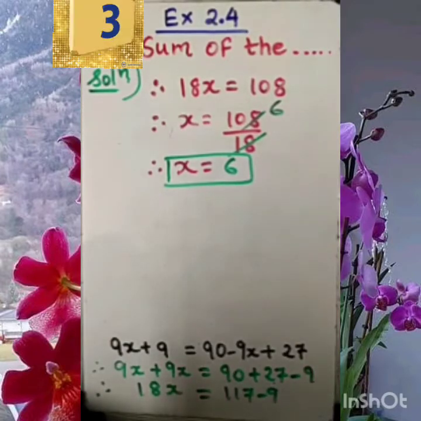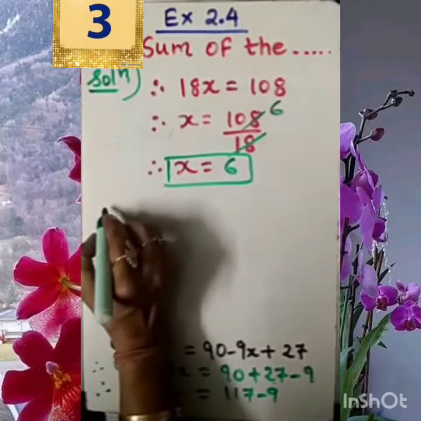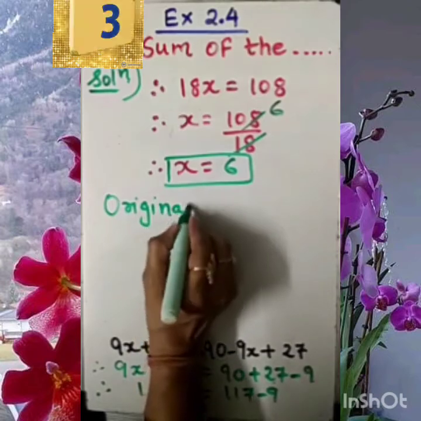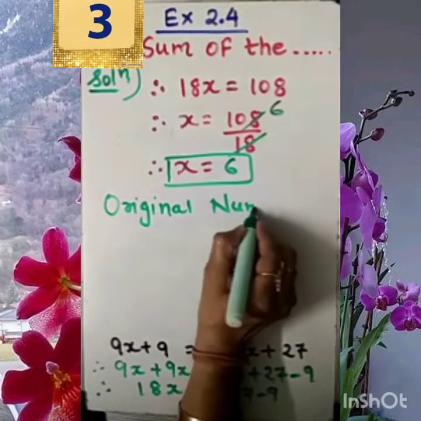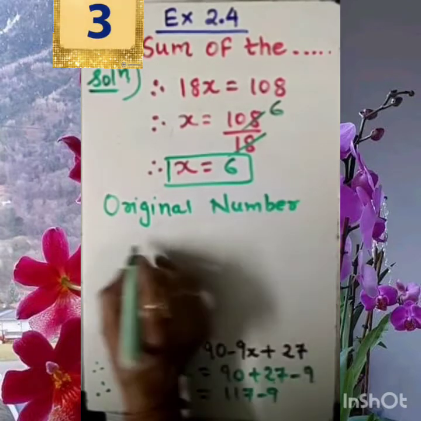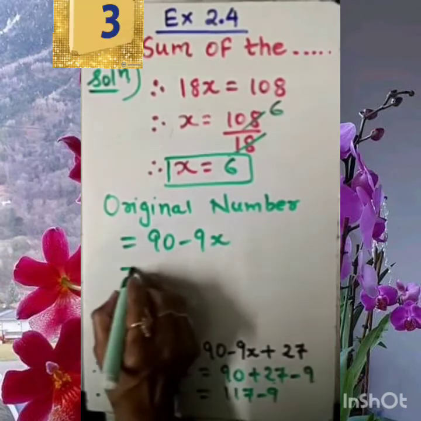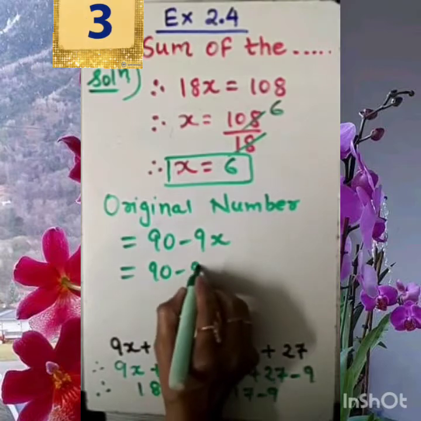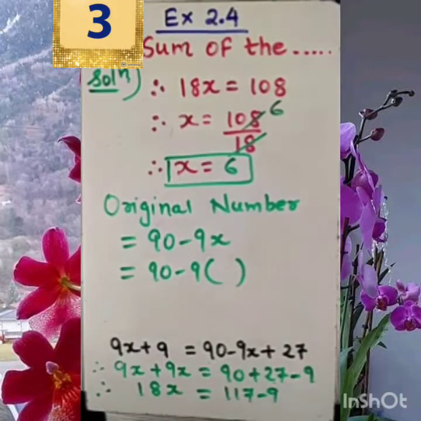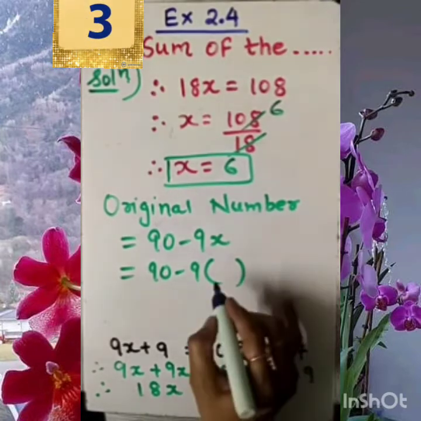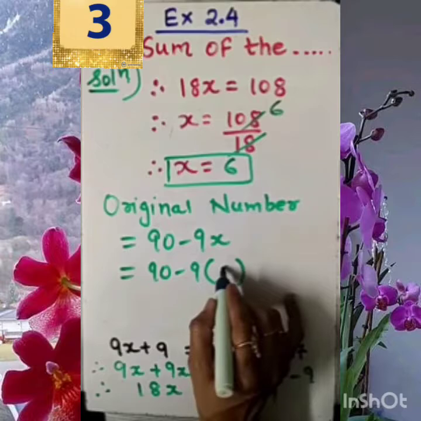So the question asks, what is the original number? What was our original number we have found? It was 90 minus 9x. In place of x, we need to put the number 6.